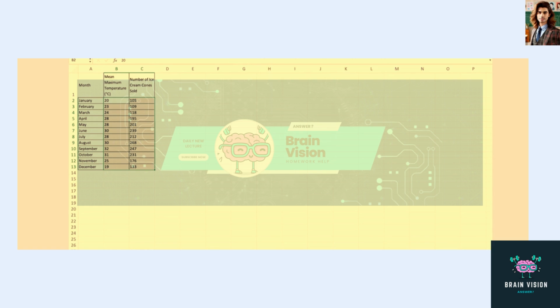Oops, that's not the right one. So if I click on scatter plot, here we go. It also wanted me to, and I'm just going to make this part a little bit smaller so I can fit in the chart, put in a title.